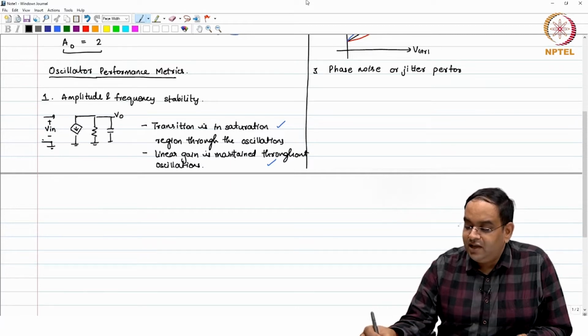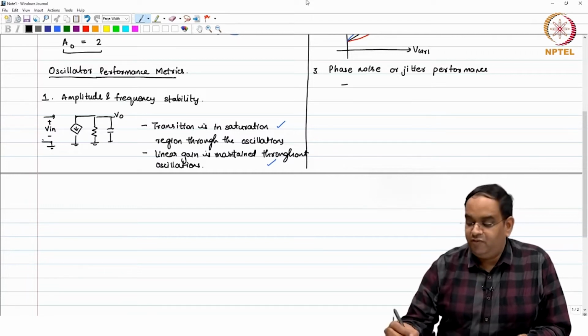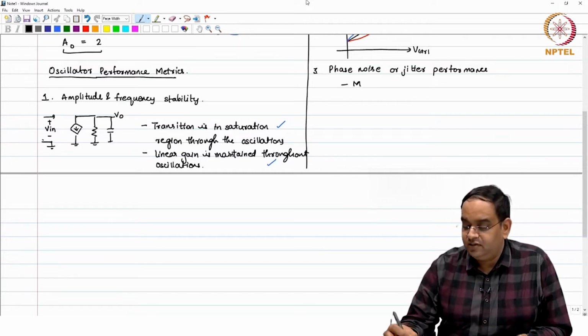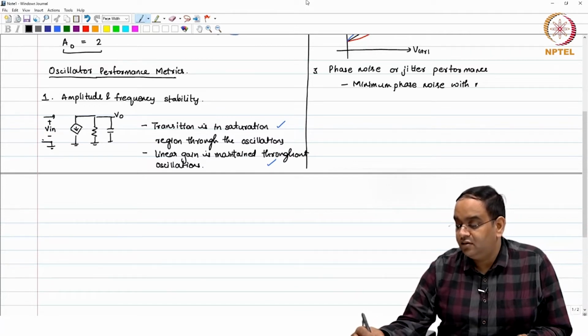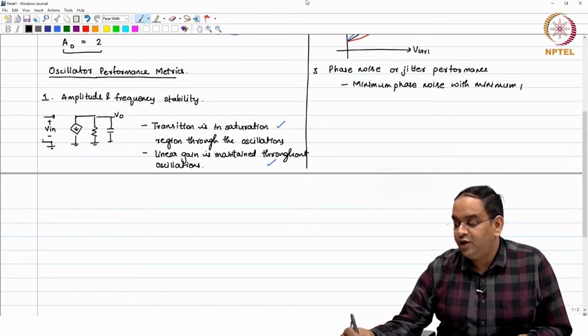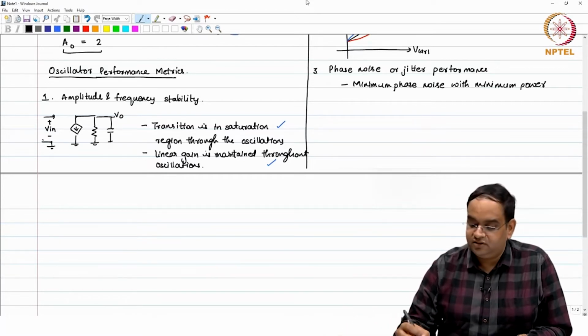Okay. Ideally, we would like to have minimum phase noise with minimum power. That is the goal always, but there will be some limits with what you can do in a given process.